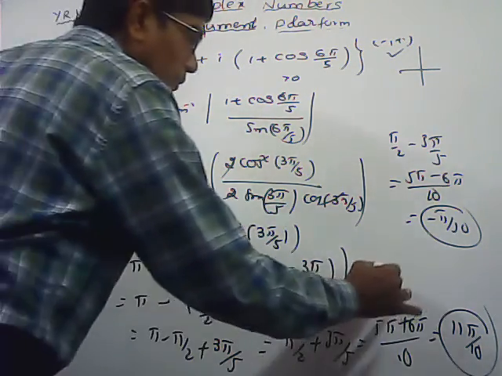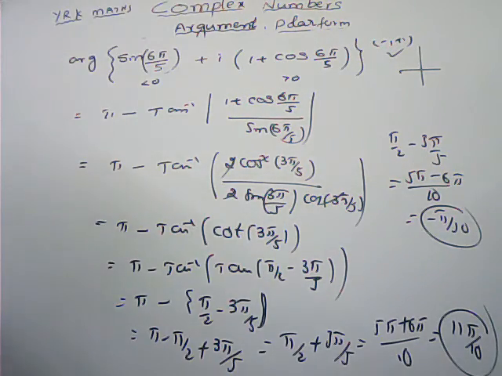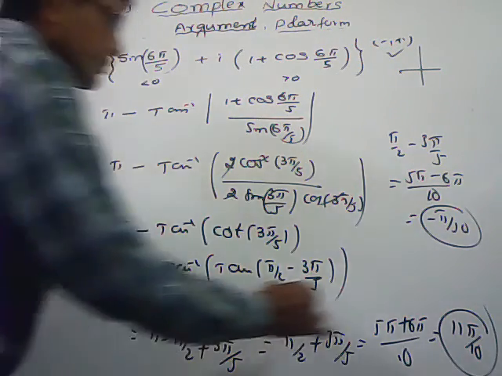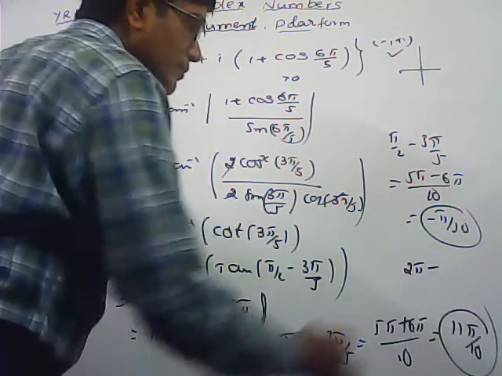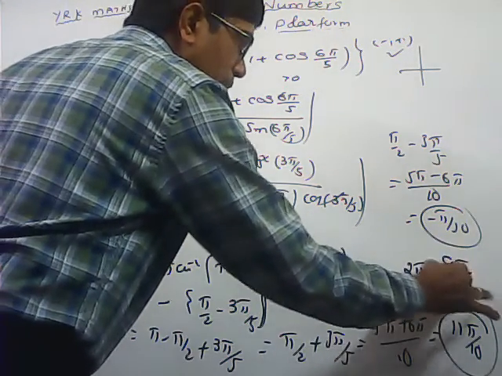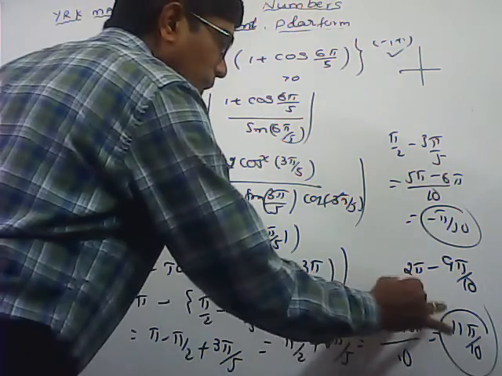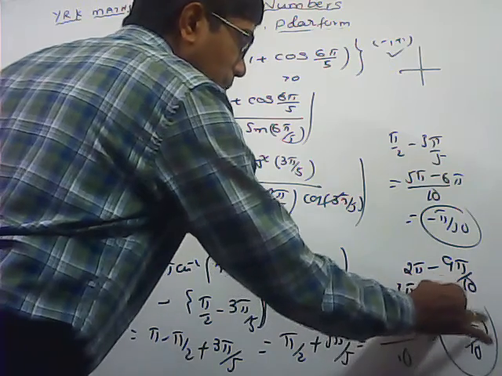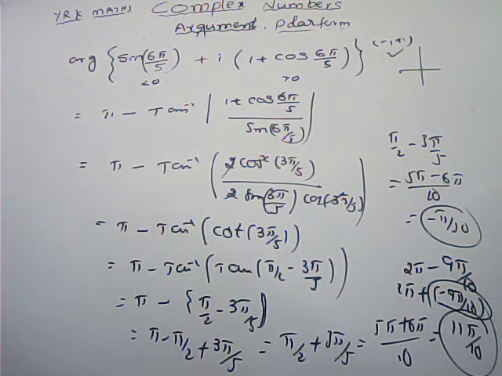How to write that one? 11 pi by 10 is 2 pi minus 9 pi by 10. 20 minus 9, that is 11 only. So 2 pi plus minus 9 pi by 10 we can write. So what about the principal value of the argument of the complex number? Minus 9 pi by 10.